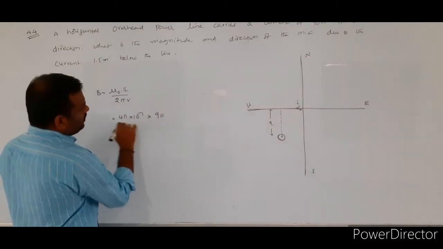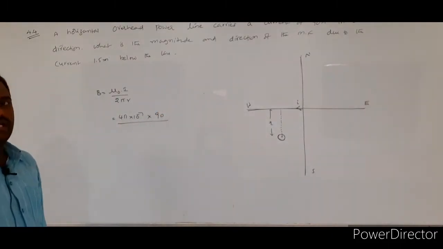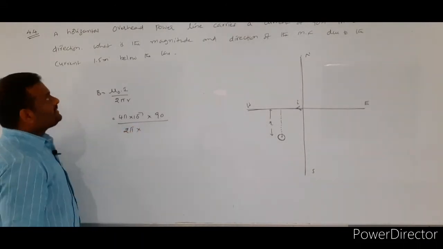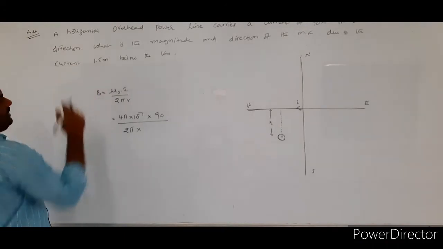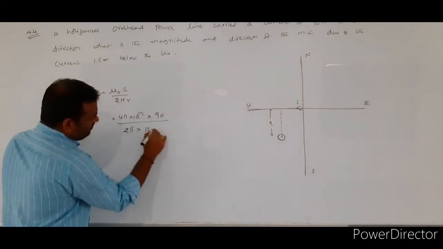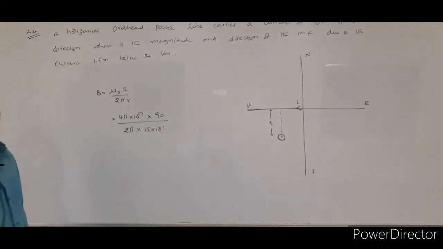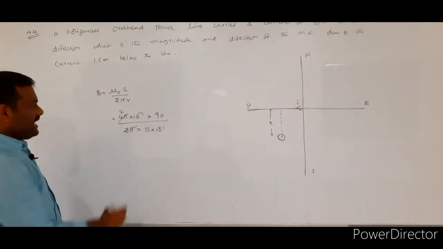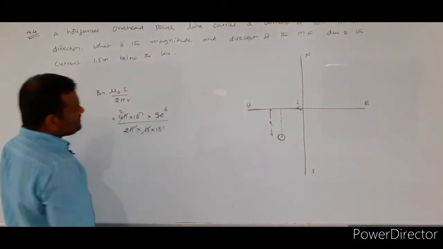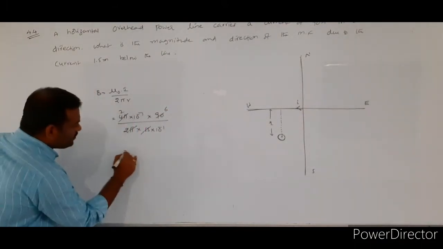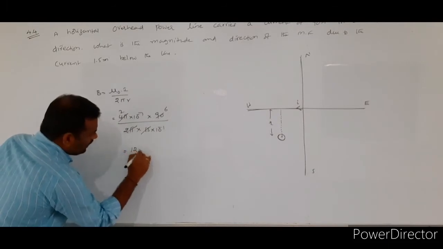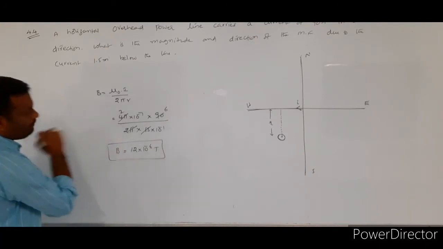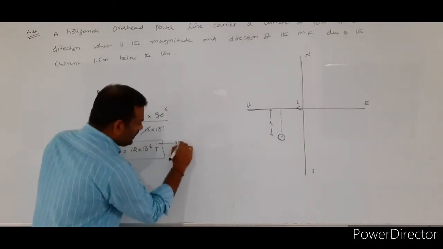Current value is 90 amperes. 2 pi stays 2 pi, and the distance they mentioned is 1.5 meters, I will write 15 into 10 power minus 1. Now if you simplify, 2 pi twice and 15 six times, 6 times 2 is 12. So 12 into 10 power minus 6 Tesla, which is giving the magnitude.